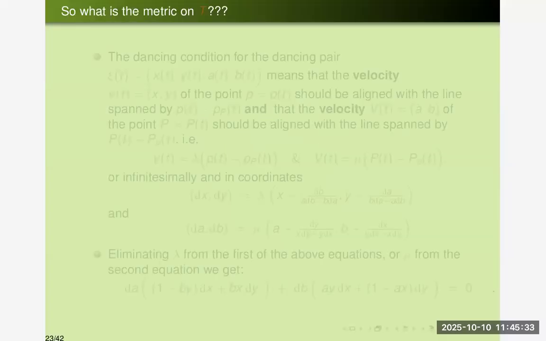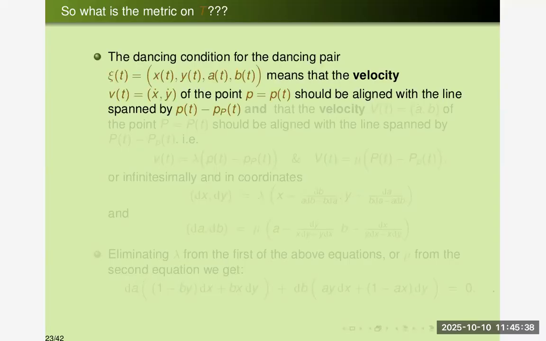So one can calculate what this dancing condition means. I take a curve in my correspondence space, so there is one curve outside and one curve inside. My dancing condition means that the velocity of this guy, namely the velocity of the point p of t, which is the point x of t, y of t, should be in the direction of the line between p of t and the ghost of the other guy.